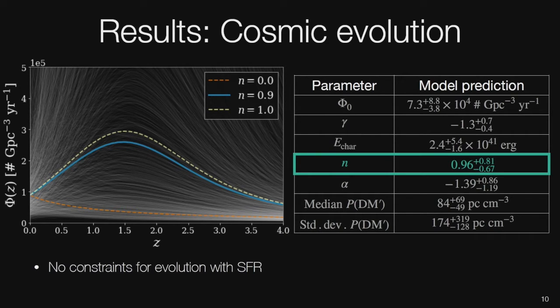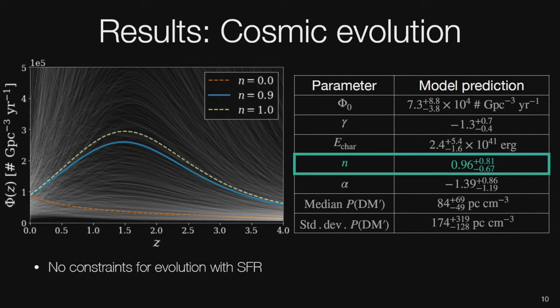The next part I'm showing is the evolution of FRBs with the cosmic star formation history. The previous slide had more to do with observables, and this is a bit more model dependent. Again, in white are all the allowable samples, and you see there's a lot more allowed, and in blue is the best fit. In orange dashed, n equals 0 implies there's no tracing of the star formation history, and n equals 1 assumes a perfect trace.